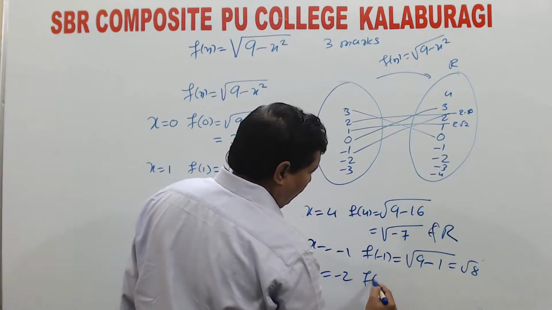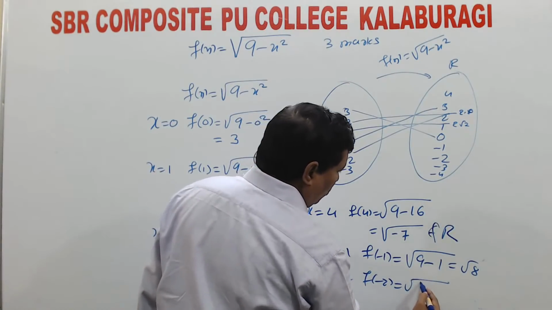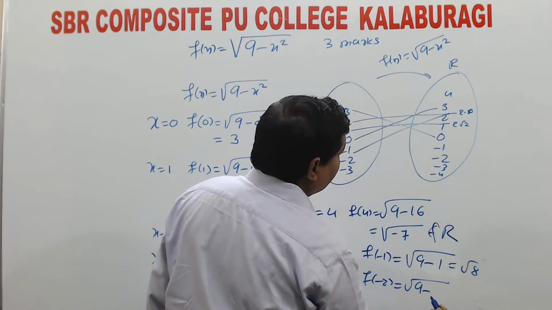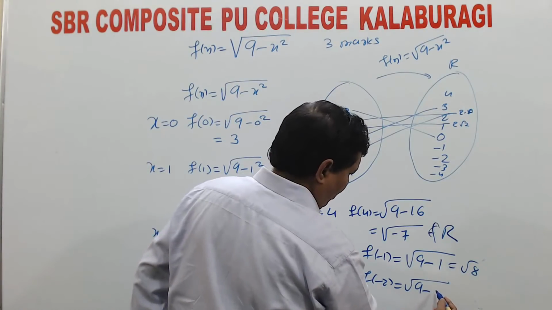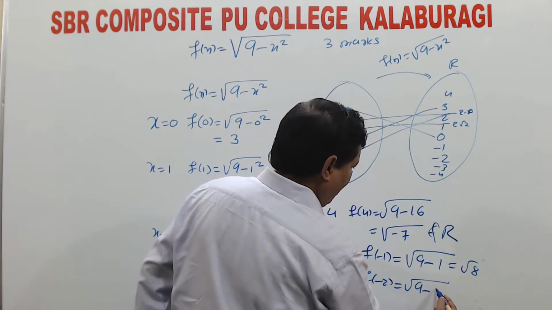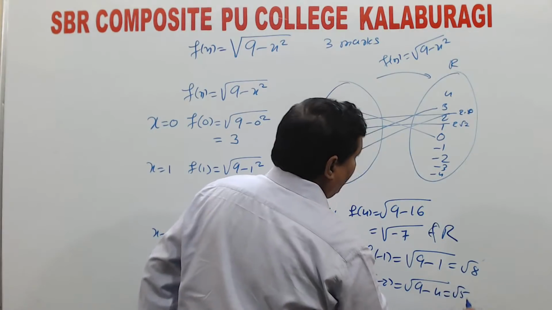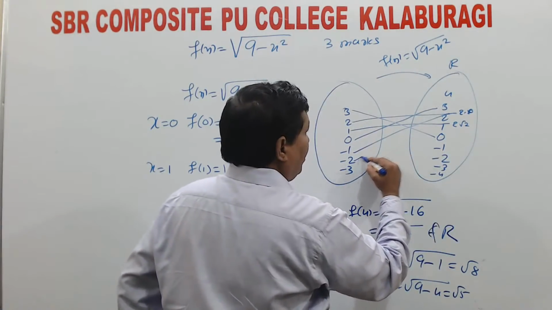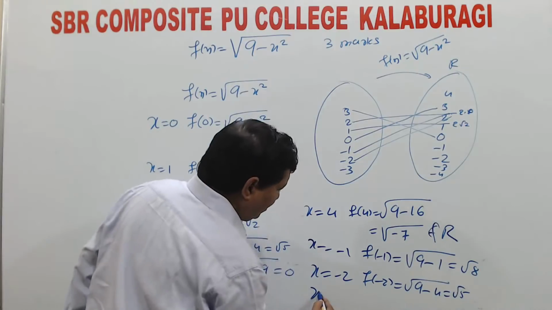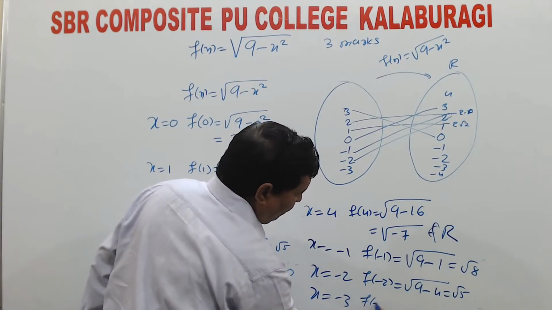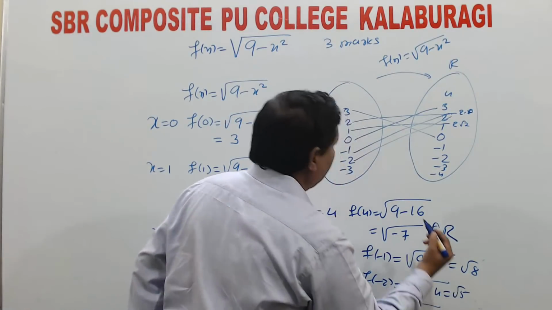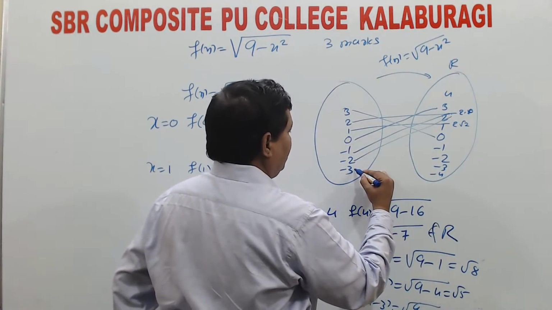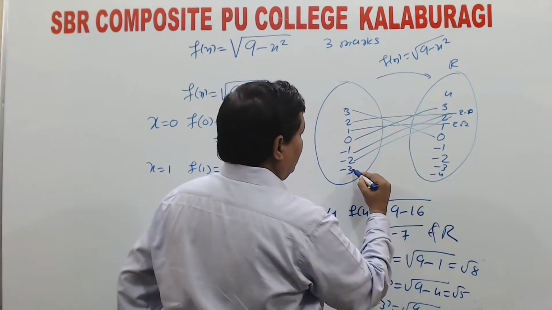See here, f of minus 2 equal to root of 9 minus 4, equal to root 5, again 2 point something. Minus 2 is also related with x equal to minus 3. f of minus 3 equal to root of 9 minus 9, which is again 0. Therefore, minus 3 is again related with 0 only.